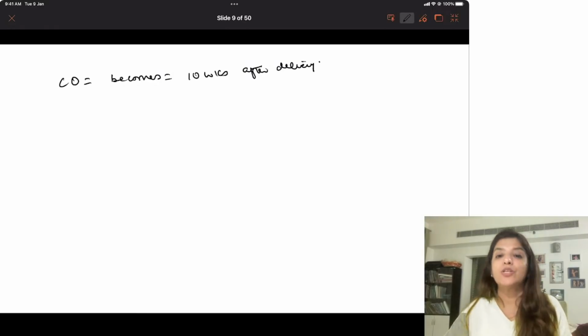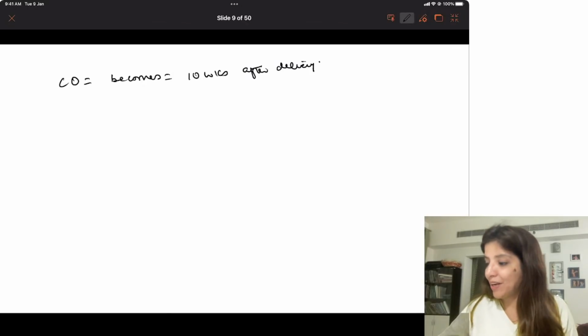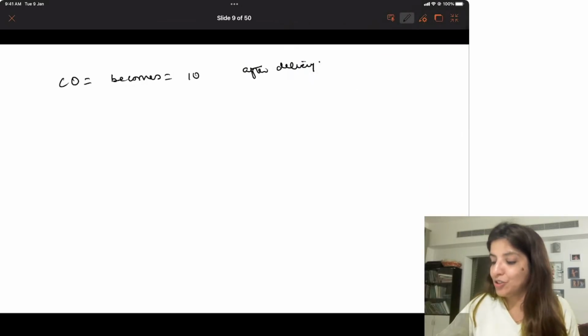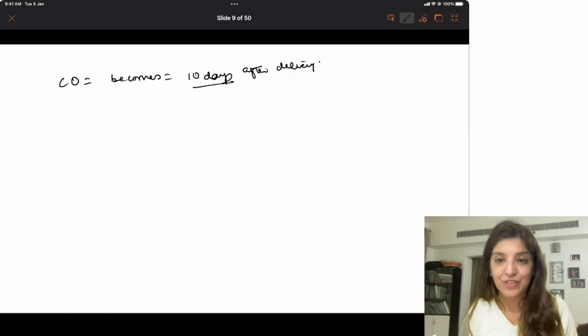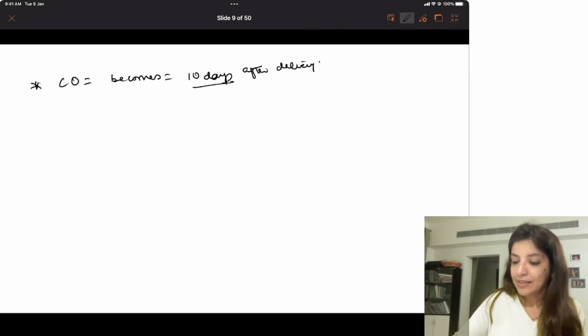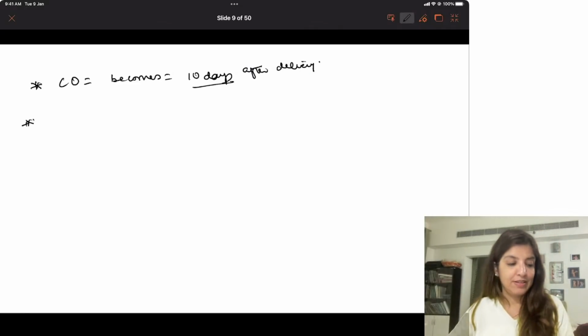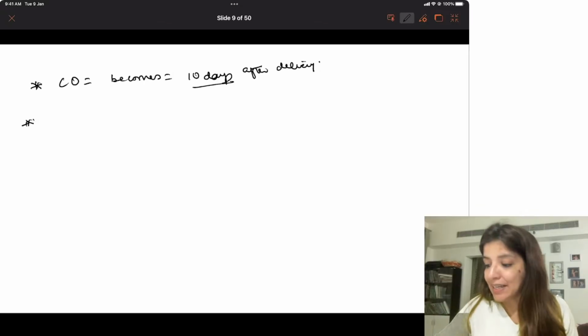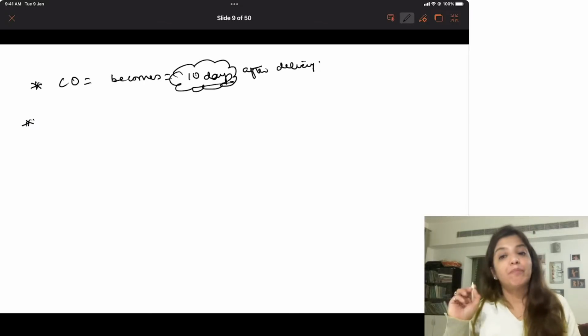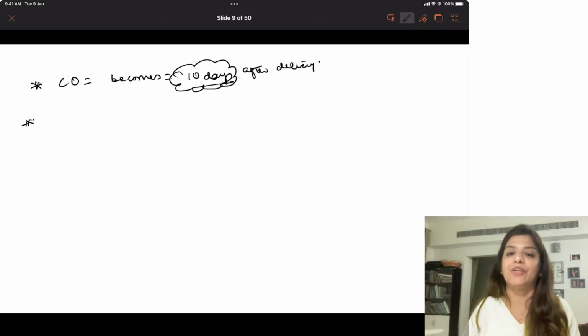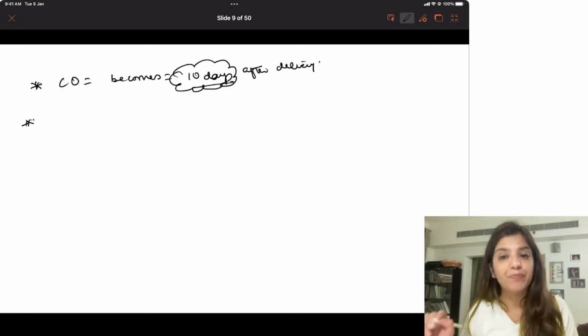So, cardiac output is normal 10 days after delivery. It's not 10 weeks, it's 10 days after delivery. Cardiac output returns to normal 10 days after delivery, right? Precisely it is 10 days. Precisely 10 days after delivery, cardiac output becomes normal, right?